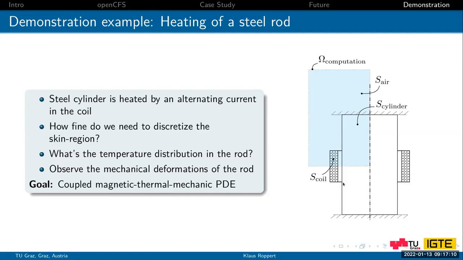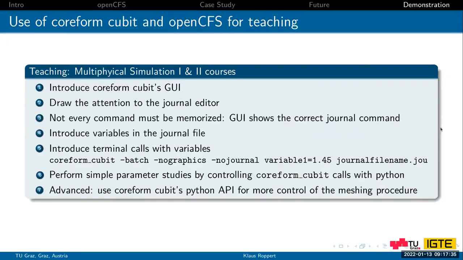Then via the solution of the magnetic problem, we're evaluating the so-called Joule losses, which are the dissipative losses, so the heat source for the thermal PDE. So we're solving for the temperature field in this cylinder, and then we're coupling this temperature field to the mechanical problem via thermal strains.